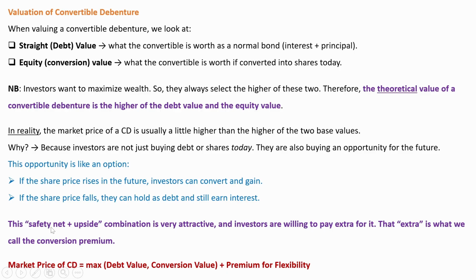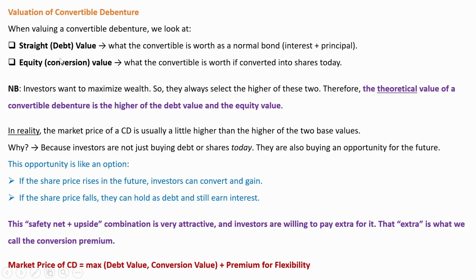So this is called a safety net. The safety net is you have the safety of debt, because if the share prices fall, you can remain with your debt. But if the share prices increase, there is the upside. You have the option to grow your wealth. So this safety net plus upside combination is very attractive, and investors are willing to pay extra for it. That extra is what we call the conversion premium. We have already defined what is conversion premium. So here we are just explaining it in a wider way.